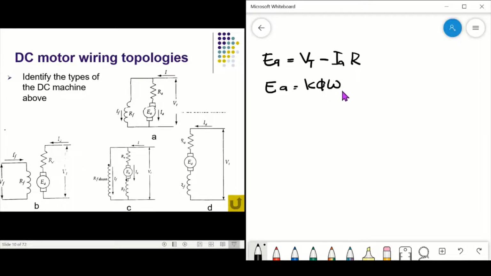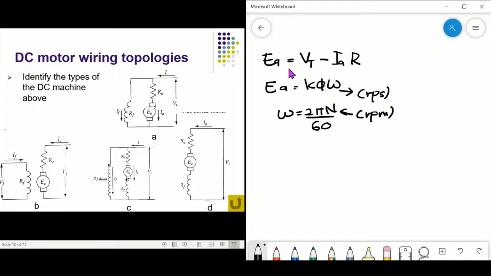Omega is angular speed, with unit radian per second. We can also write the equation in terms of RPM, where omega equal to 2 pi N over 60. N is speed in revolutions per minute.